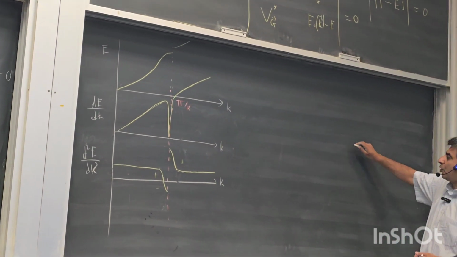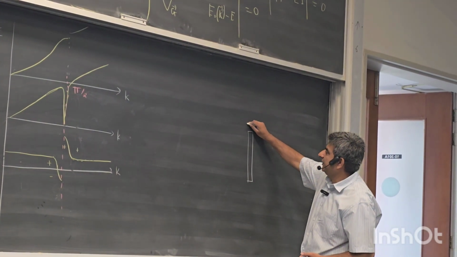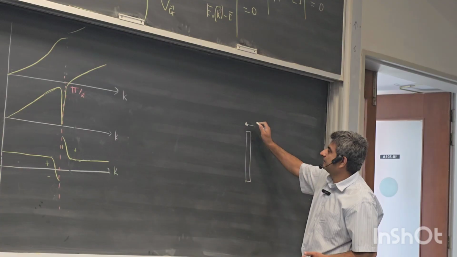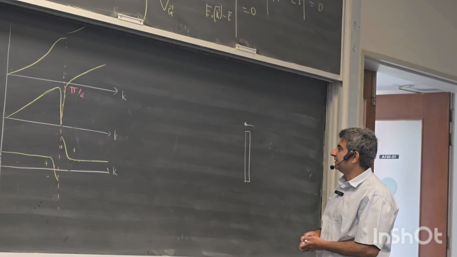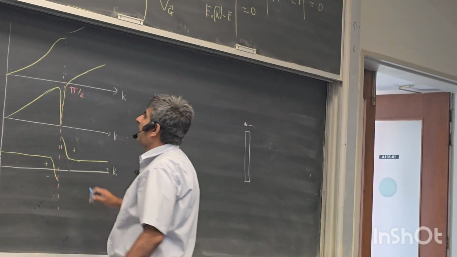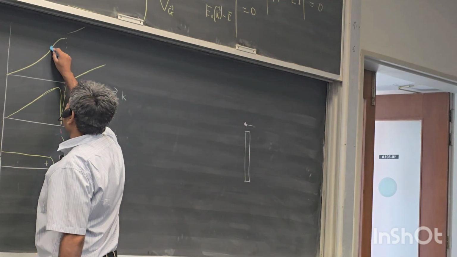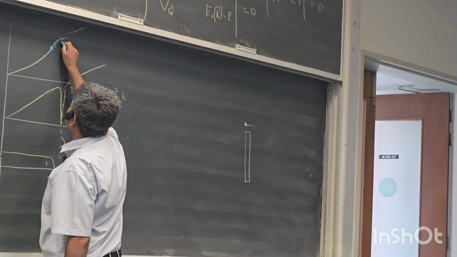So if you do a thought experiment in which you have a foil, you apply an electric field. Now what the electric field does, if you have an electron over here, it's a conductor, an electric field can shove the electron towards the zone boundary.